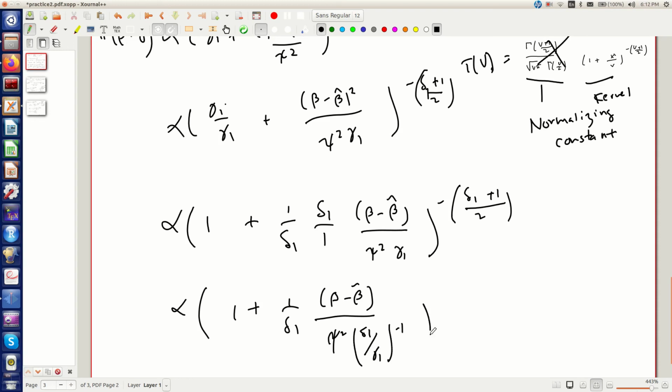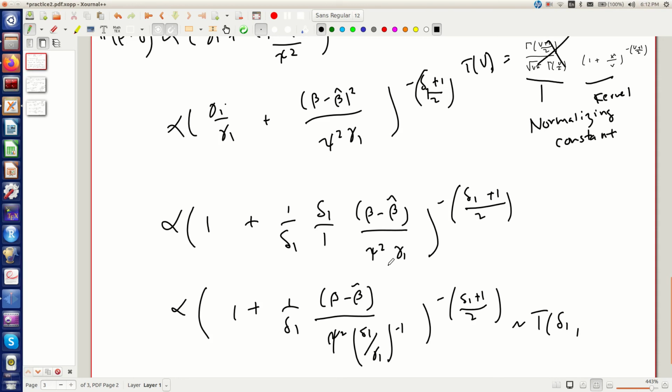It's probably better. Alright, so that's a t distribution now. Clearly it's a t because it's like this. And this is distributed t. And now I'm going to specify all the parameters here. You have delta 1, degrees of freedom.